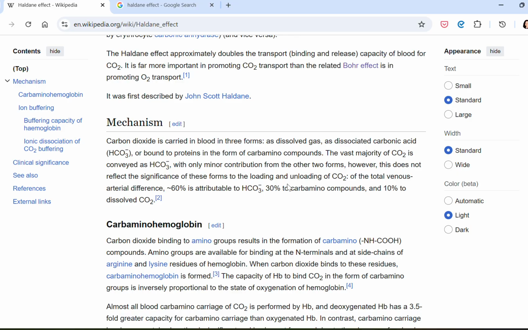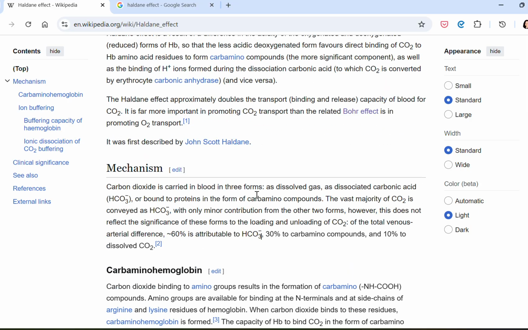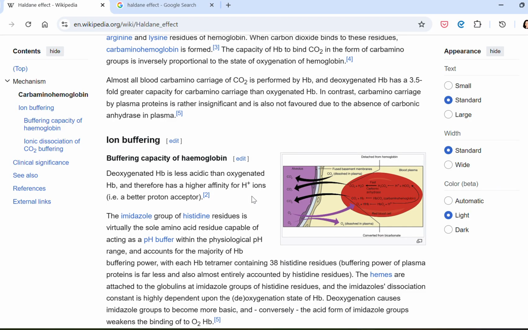So it can diffuse as a gas itself, it can be carried as this ion, and also, as I tried to remember in the class, it binds to the hemoglobin as carbon dioxide as well.